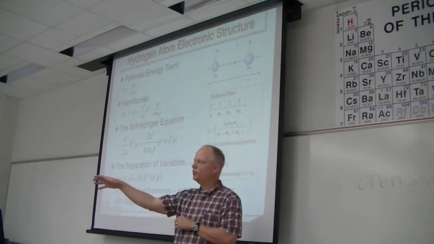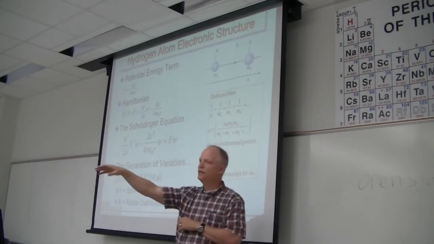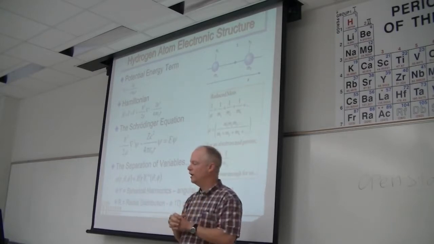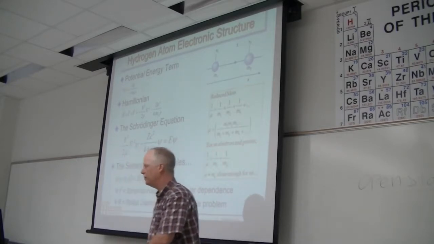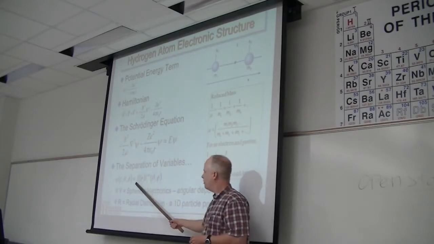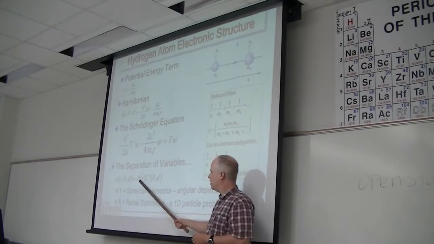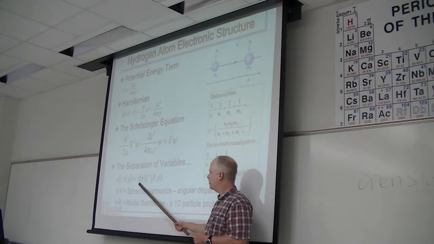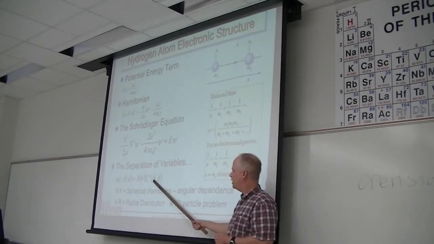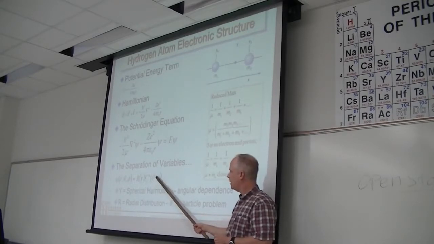If you think about a p orbital, it changes as you go around the atom in theta and phi, but it really doesn't change in terms of distance from the nucleus, and we'll see that in a second. So we have this R part, the wave function for the atom. This R portion is the radial part of the wave function, and this Y_lm, which depends upon theta and phi, is going to be the angular part.